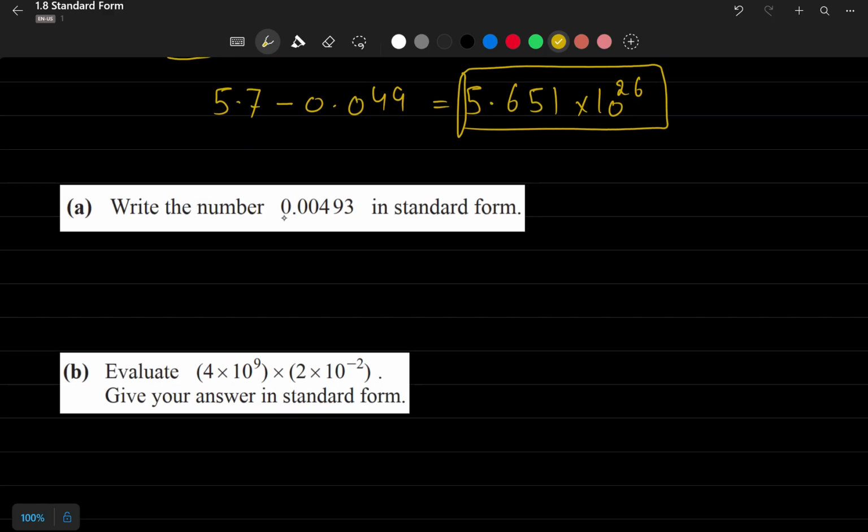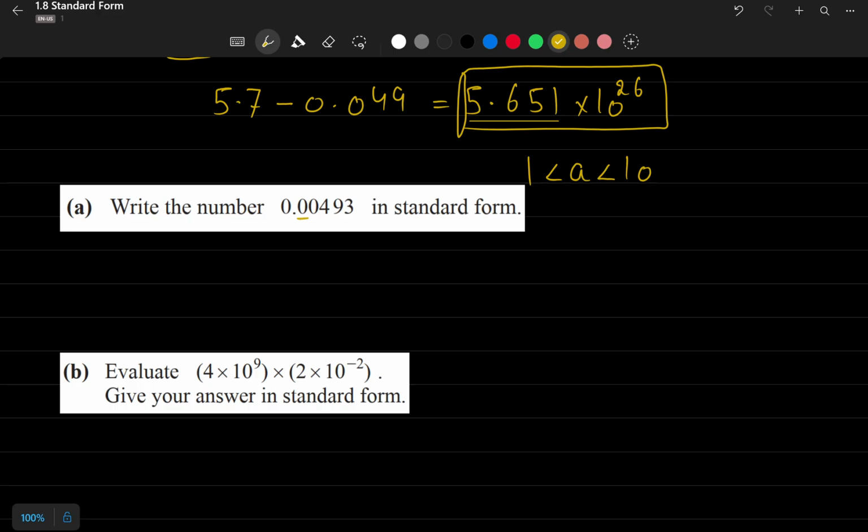Another question, we have a number and we have to write it in standard form. Now the decimal needs to be shifted towards the right because, let's suppose the number is a, so a must be greater than 1 and less than 10.